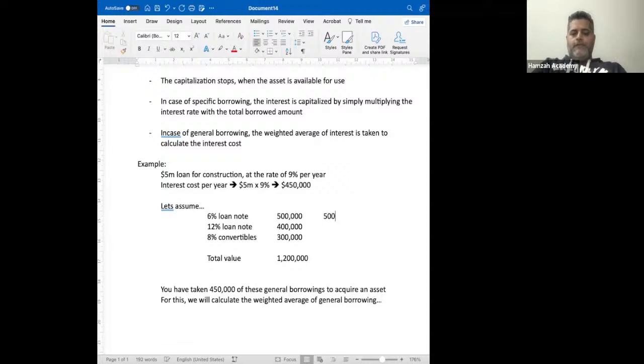So that's going to be 500,000 by 1,200,000 into 100. Then for this it is 400,000 by 1,200,000 into 100. Then this is going to be 300,000 by 1,200,000 into 100 over here, right?